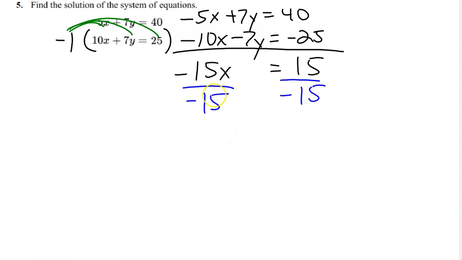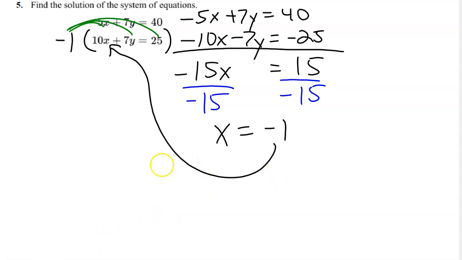Alright, now I'm going to isolate this x by dividing by negative 15 on both sides. And that's going to give me x is equal to negative 1. Now I'm going to plug it in here for x.